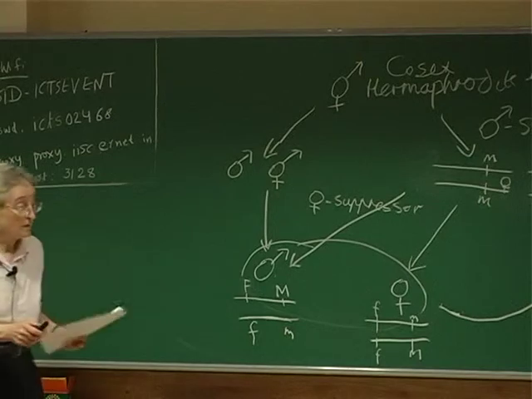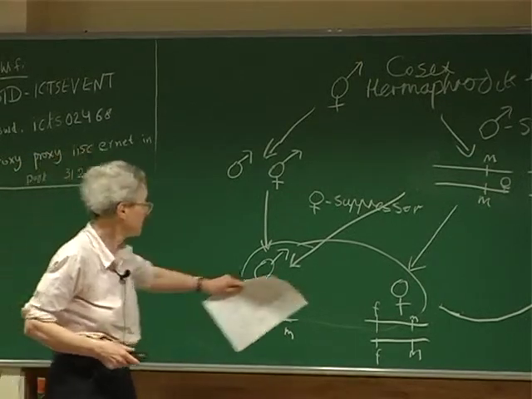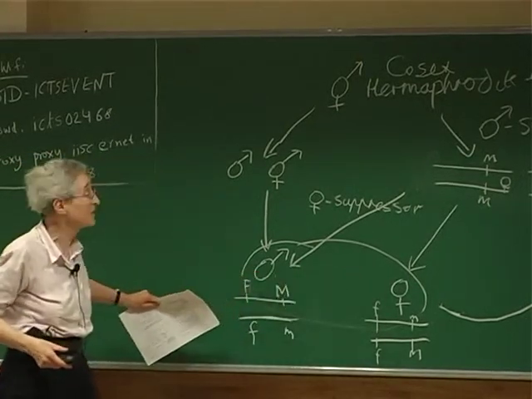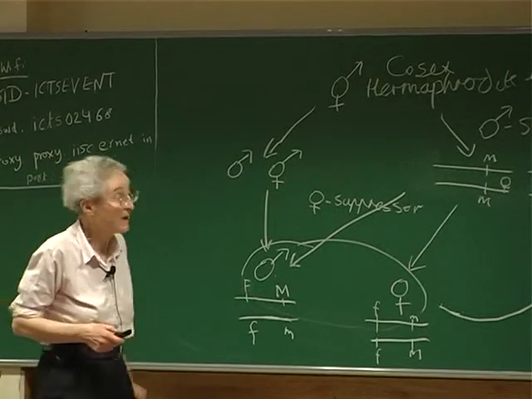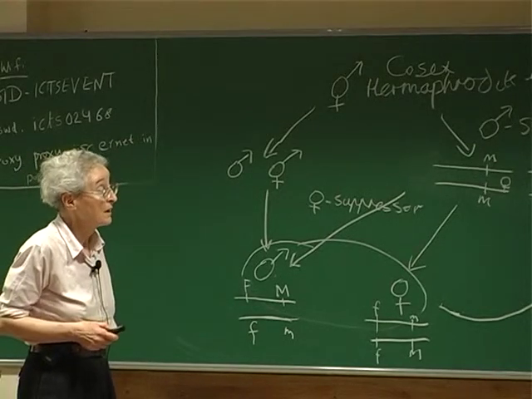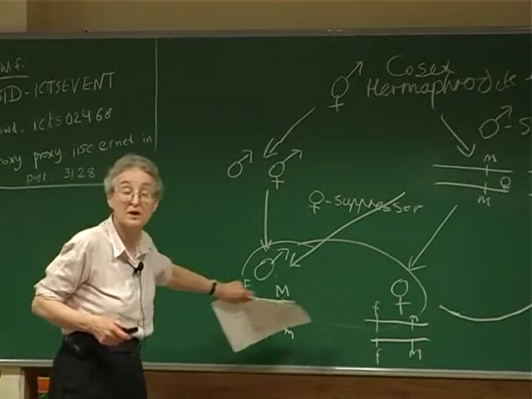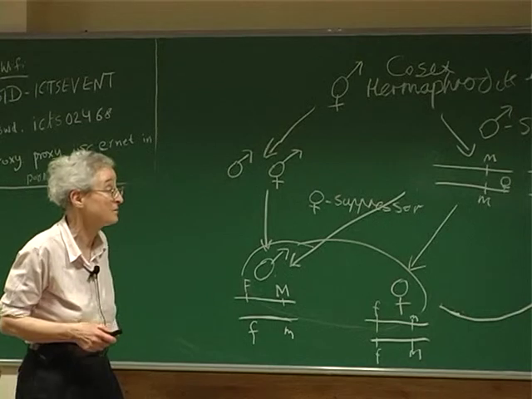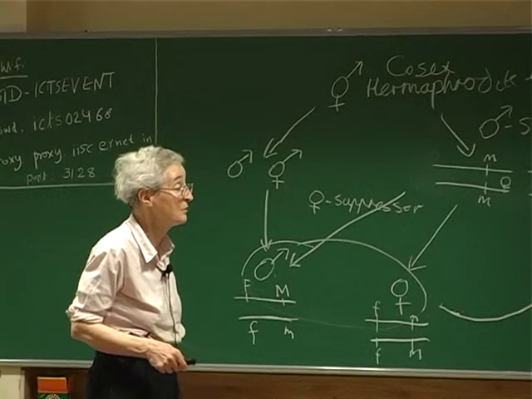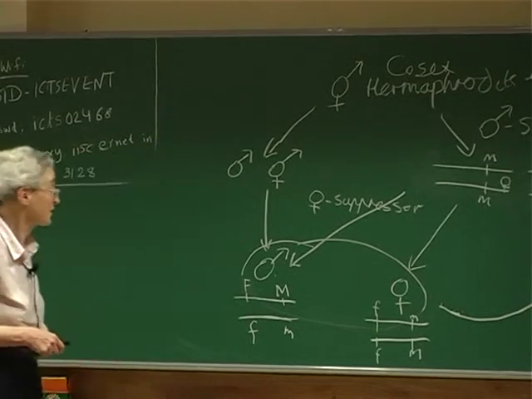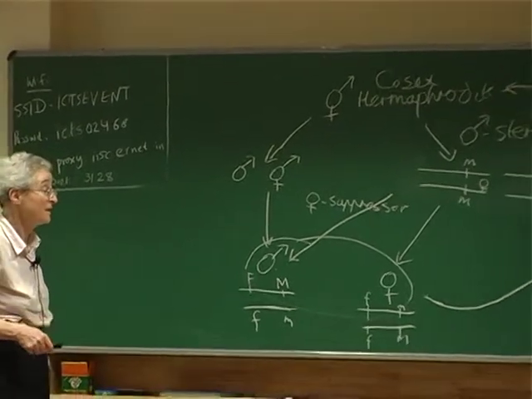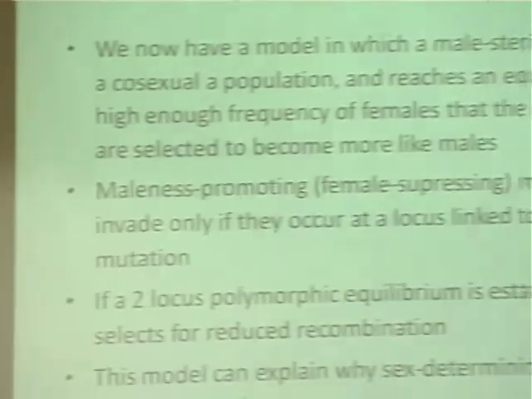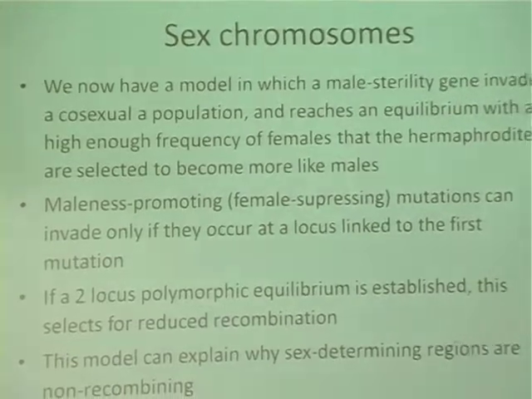So you expect that a region that has undergone this kind of evolutionary event might evolve suppressed recombination in this region to keep the right combinations of alleles together. So if you establish a two-locus polymorphic equilibrium, it selects for reduced recombination. And this can explain why sex-determining regions become non-recombining.